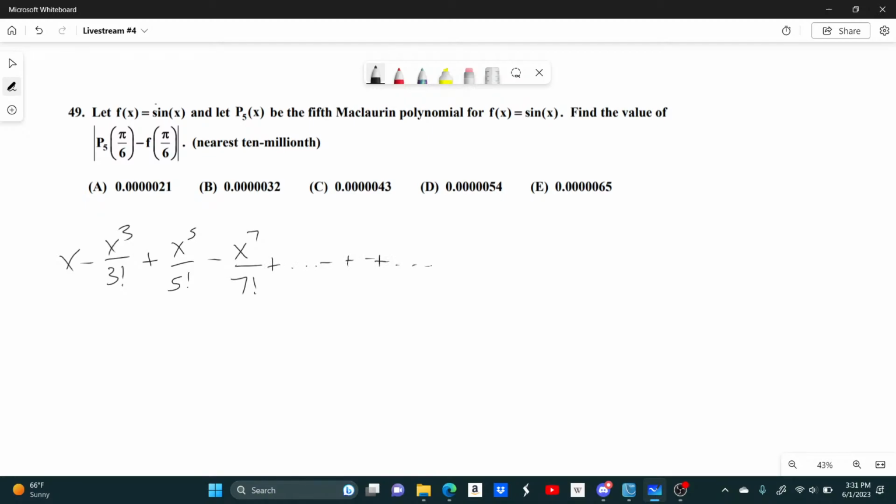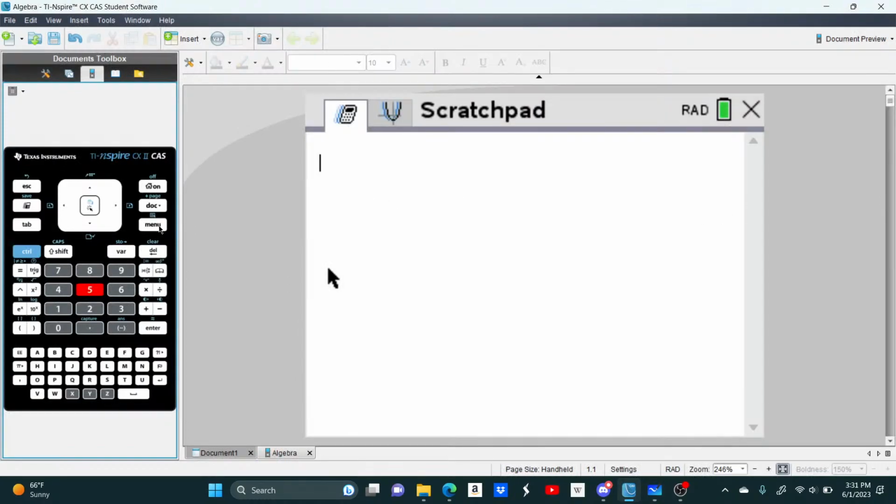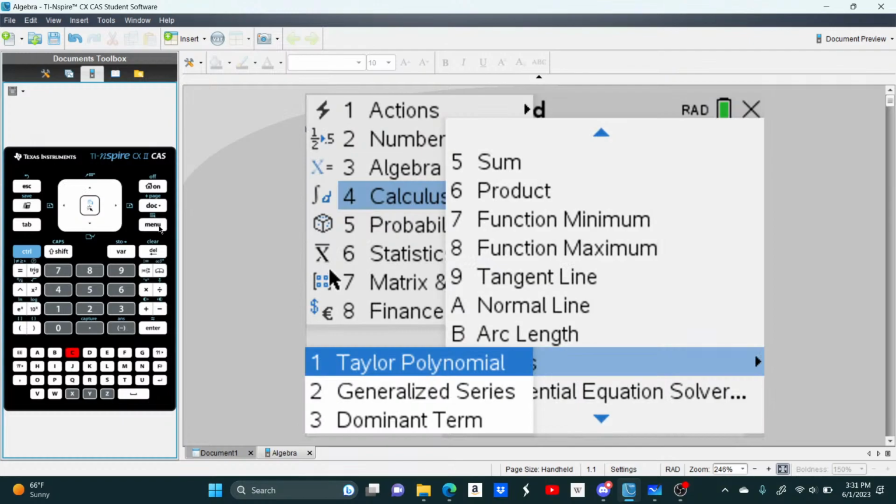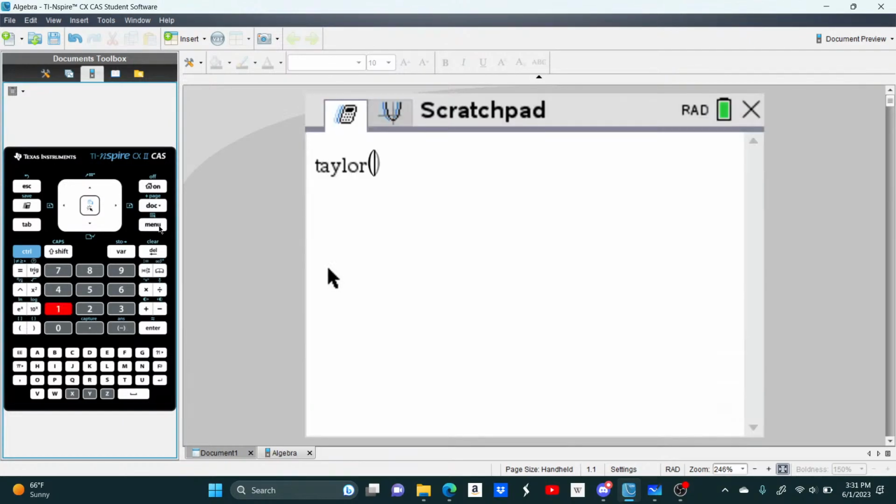Or you can use the function on your calculator, which I think is the best way because it's the quickest, and it also works if you don't have these all memorized. So here's what you do. You go to Menu, 4, all the way down to C for series, and then number 1 is for Taylor polynomial.